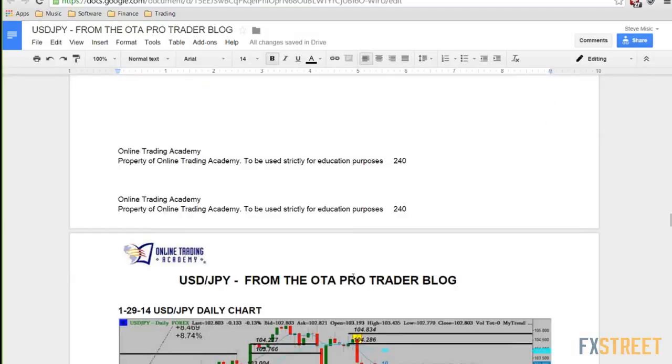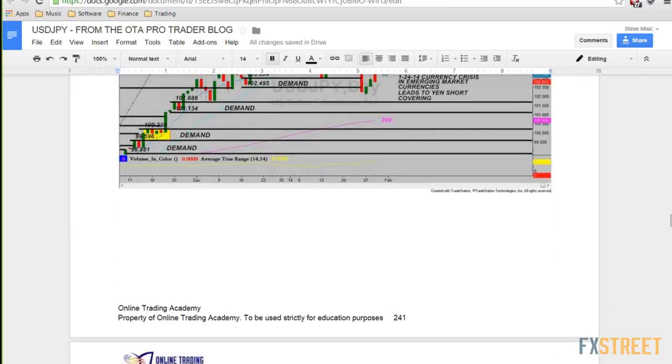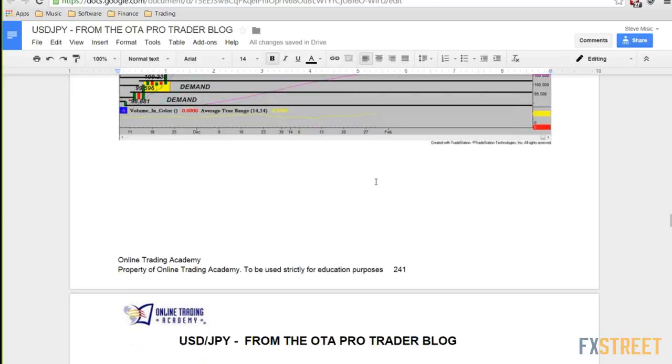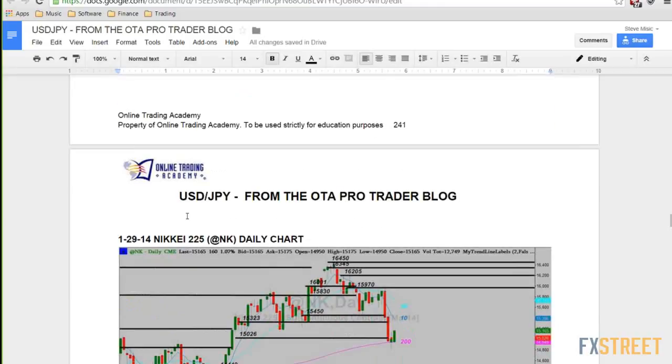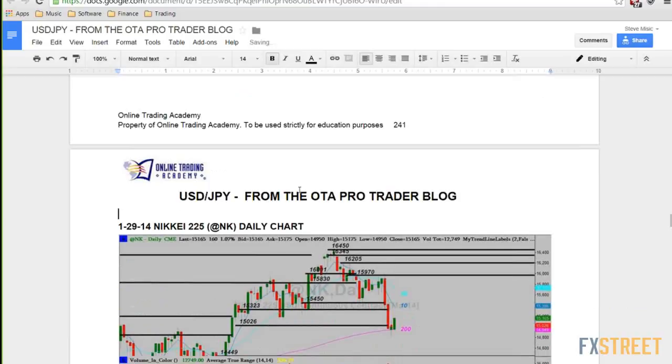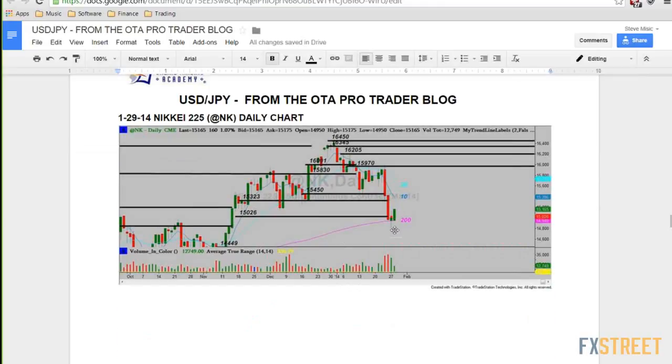So the dollar will bounce against the Japanese yen off this daily demand level. And at the same time, the Nikkei was also falling. And when the dollar did bounce up until just recently, occasionally what would happen is the dollar would bounce and the Nikkei would turn at the same time. And in this case, price had pushed through a demand level and was beginning to drop.